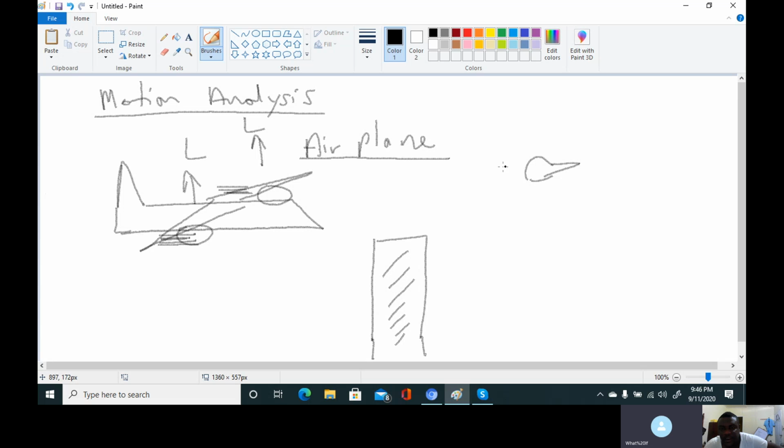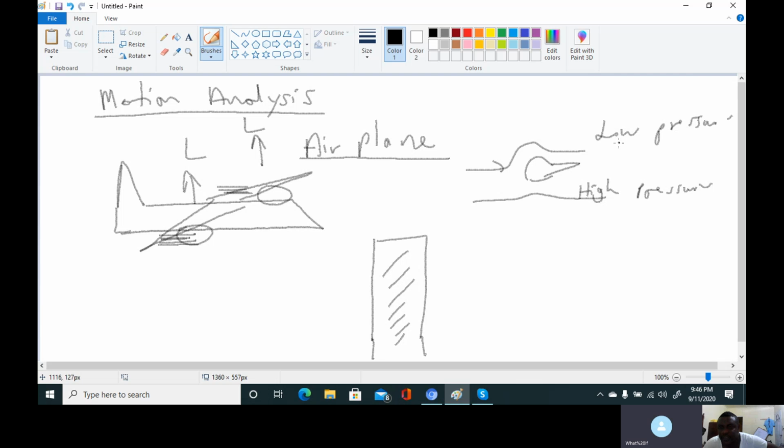The plane wing is like this. It's an aerofoil. So when air moves like this, based on the velocity of the air, the wing is shaped so that you have high pressure below the wing and low pressure above the wing.